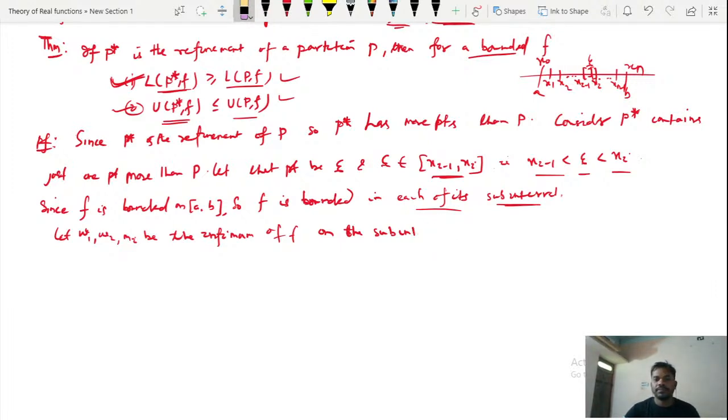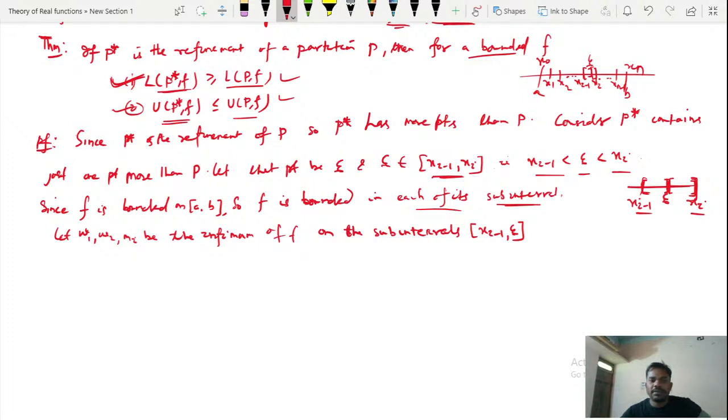The whole subinterval is xi minus 1 to xi, and since I chose a point J here, the new subintervals are xi minus 1 to J, and J to xi.